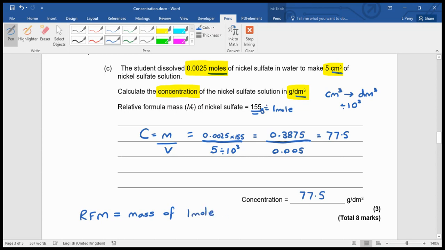So they may as well have said the mass of 1 mole is 155 grams. So what's that many moles? Now, just because it's an awkward number doesn't make it more difficult. If they said I had 2 moles and I said that was the mass of 1, you would all know to double it. You'd all know to times it by 2. Just because it's an awkward number doesn't mean the method I use changes. I would still just times it by that number. So I hope that helps.